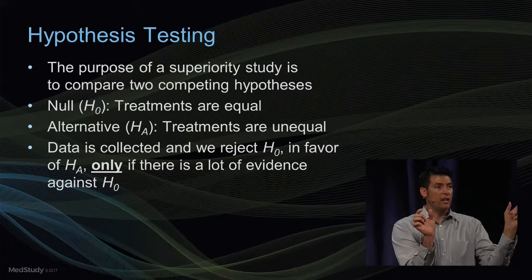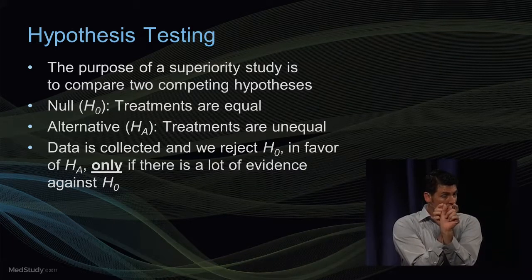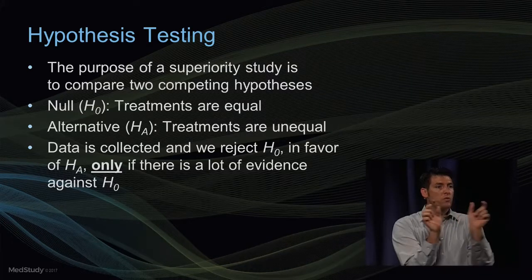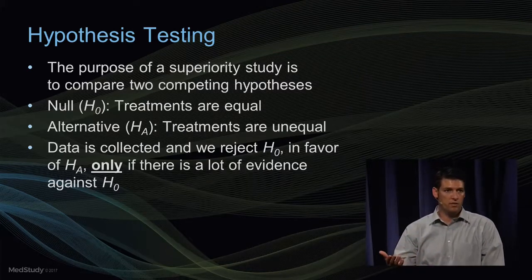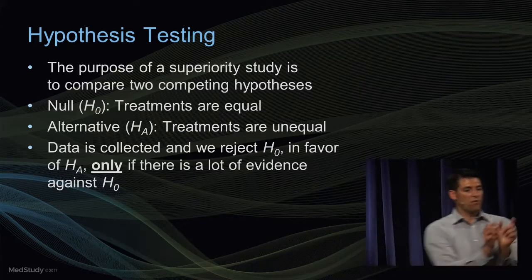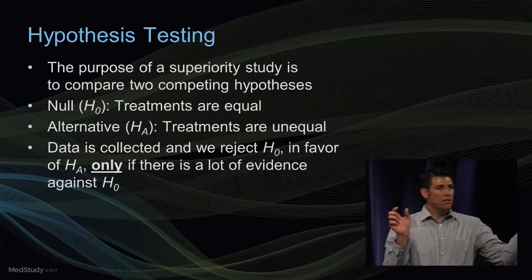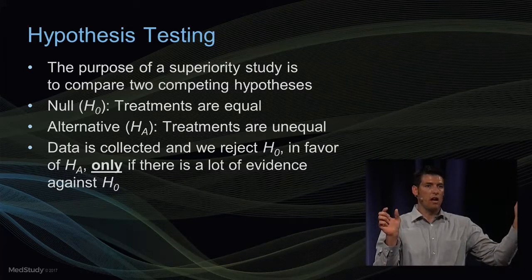We're collecting data. My null hypothesis is still sitting here saying these two things are the same. Now I observe some data and I say, well, the data that I collected says otherwise. If it's far enough away, then I'm going to reject the null hypothesis that says those means are the same.